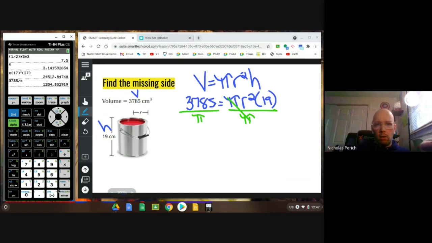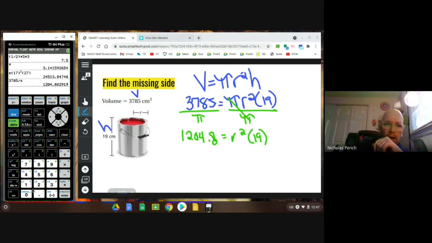Okay. 1204.80. So why don't we just leave it as 0.8? I'm allowed to do that. 0.8. That's going to equal r squared times 19. Is r all by itself? No, because 19 is still attached.